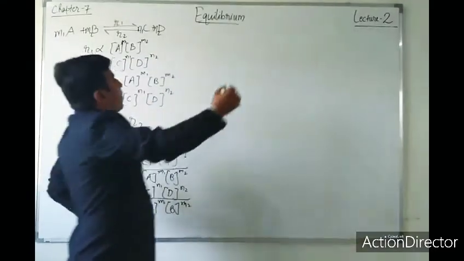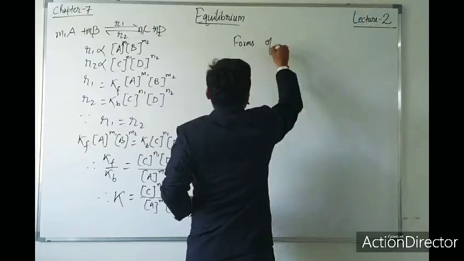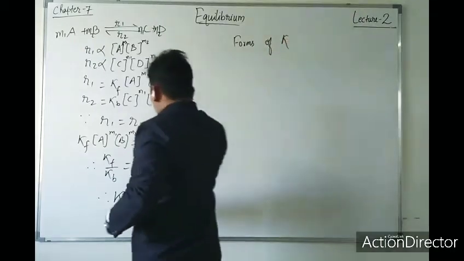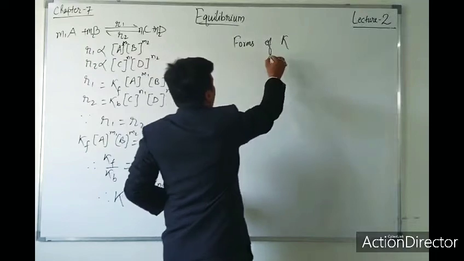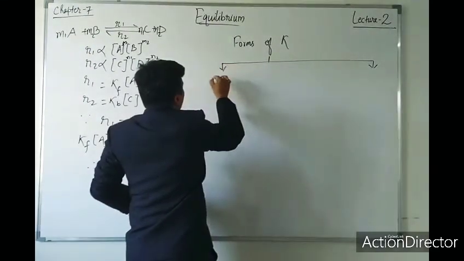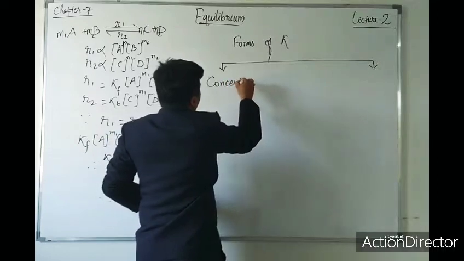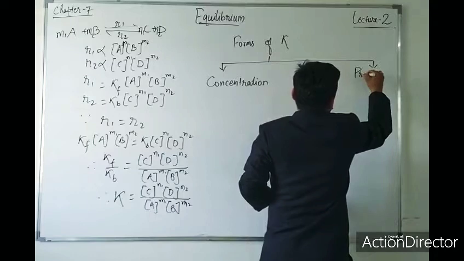So if I talk about equilibrium, here you can write forms of K. K is the constant of the forward and backward reaction. For a reaction there are two forms of K: one is for concentration and another is for pressure.